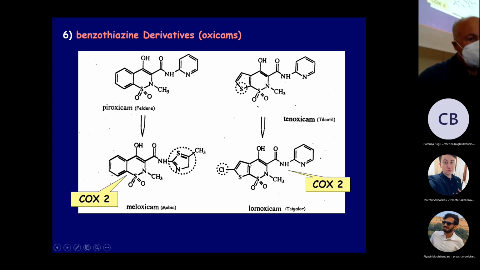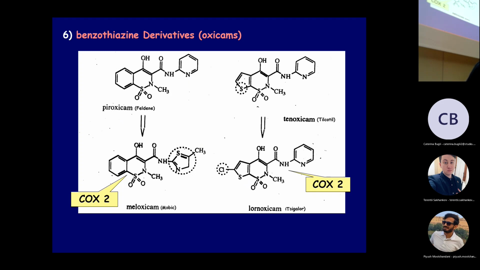You see the case of lornoxicam. We have a thiophene group, a thiophene ring with an additional chlorine. These additional chemical groups can interact with the additional pocket present in cyclooxygenase of type 2.